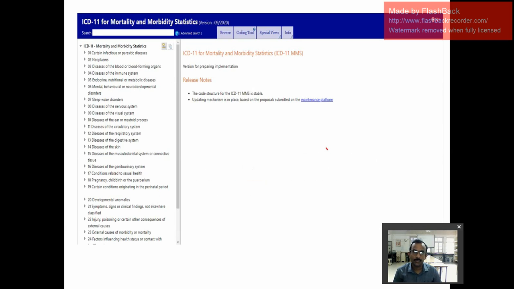If you browse the WHO site, this is the ICD 11 for morbidity and mortality statistics.